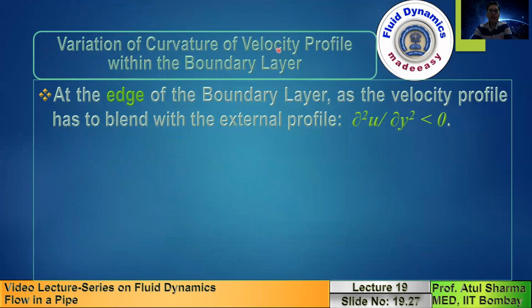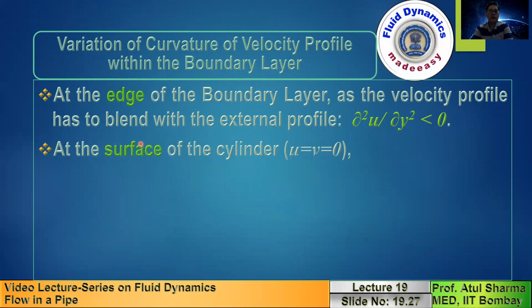So, the variation of curvature of the velocity profile within the boundary layer: at the edge of the boundary layer, as the velocity profile has to blend with the external profile, del square u by del y square is less than 0, that is, curvature is always negative. At the surface, you could have two conditions.